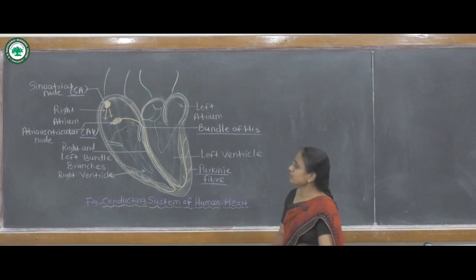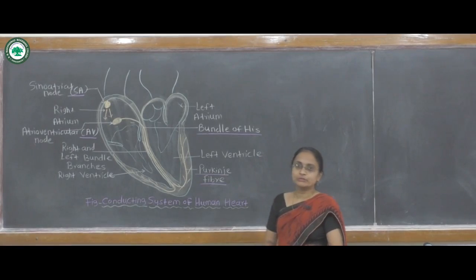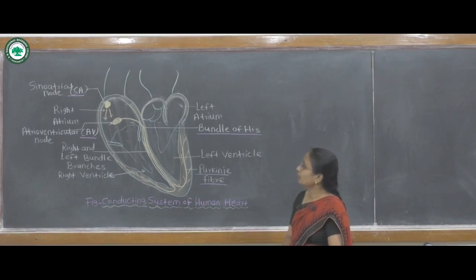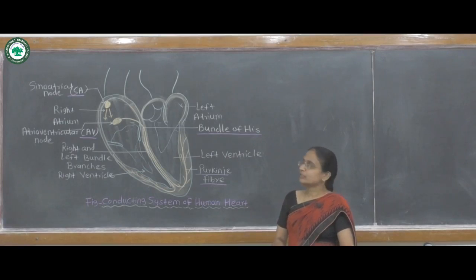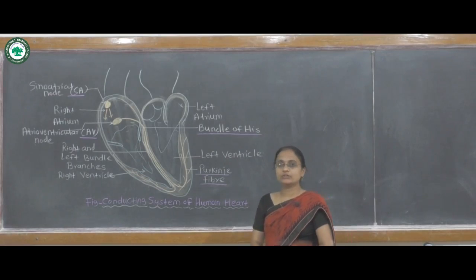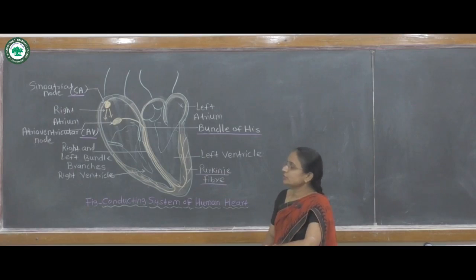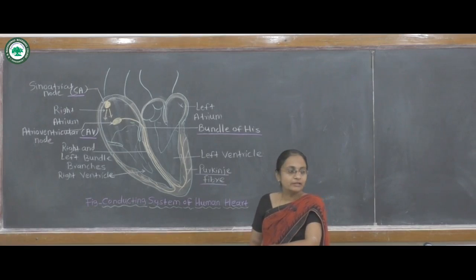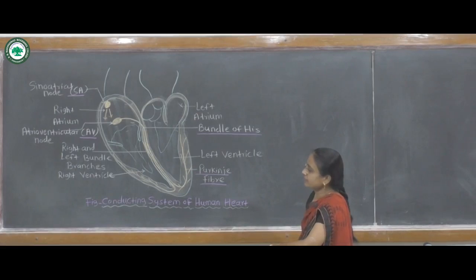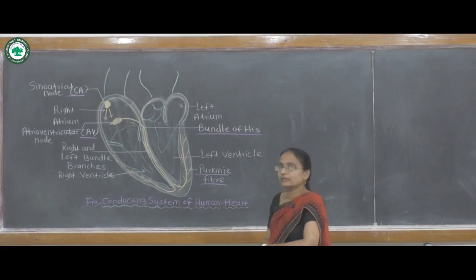This diagram also shows the four completely separate chambers present in the human heart. Both the right and left atria are receiving chambers. The right atrium receives the deoxygenated blood from the superior and inferior vena cava, respectively from the upper and lower parts of the body, and the right ventricle receives the deoxygenated blood which enters from the right atrium.